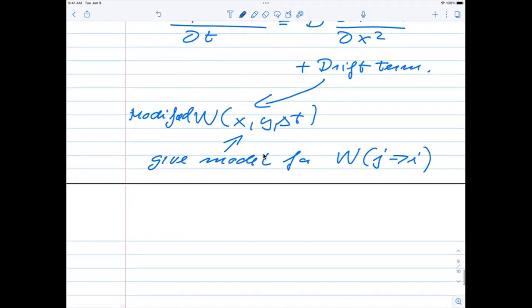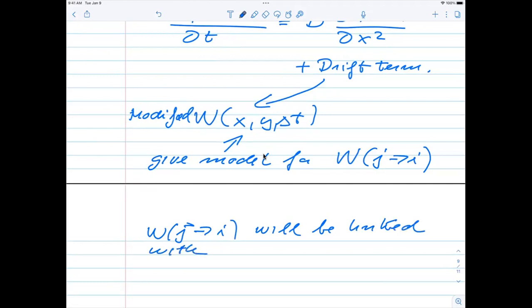In our case, this W_j of i will be linked with the quantum mechanical distribution which we are studying, this psi_T of R_i, with a set of variational parameters alpha.